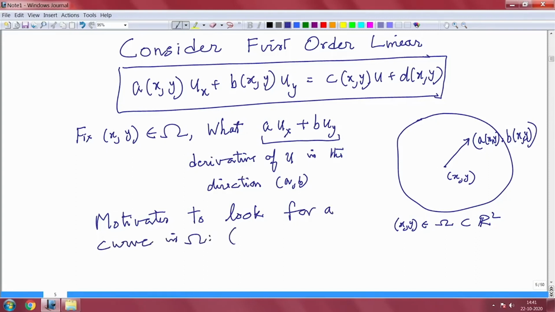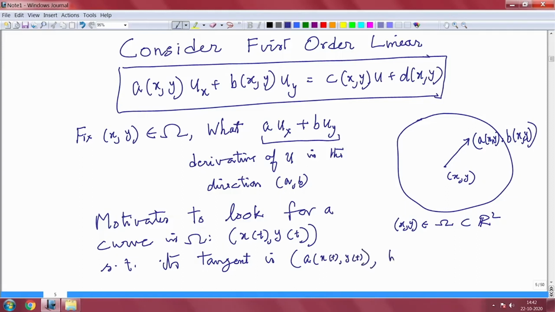So, the curve will look like (x(t), y(t)), where t is a parameter, such that its tangent is, evaluated at each point, (a(x(t),y(t)), b(x(t),y(t))). So, let me go to the next page and explain x(t), y(t).